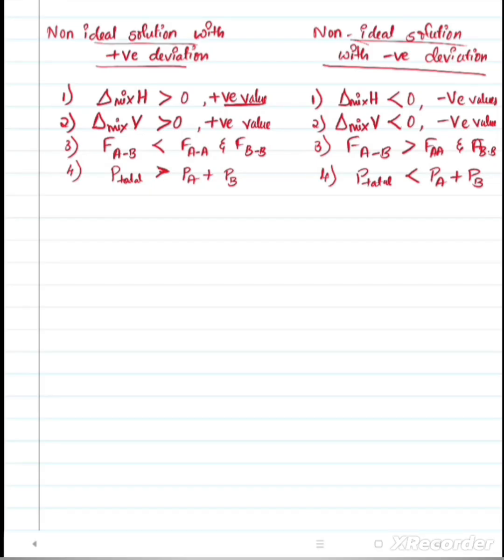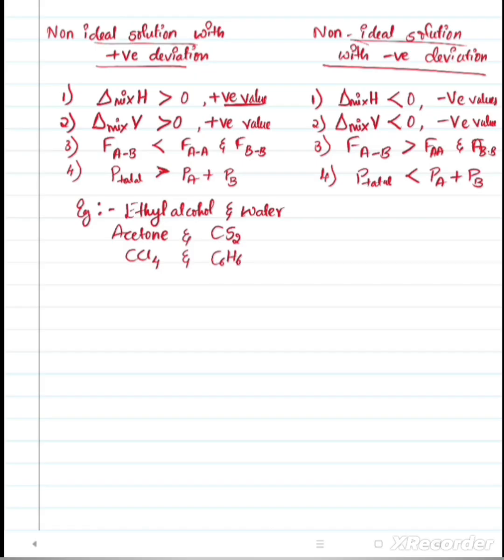Then examples are very, very important. Examples for positive deviation are ethyl alcohol, ethanol also you can write, plus water, or acetone plus carbon disulfide, or chloroform with benzene, or acetone and benzene, or ethanol and acetone.